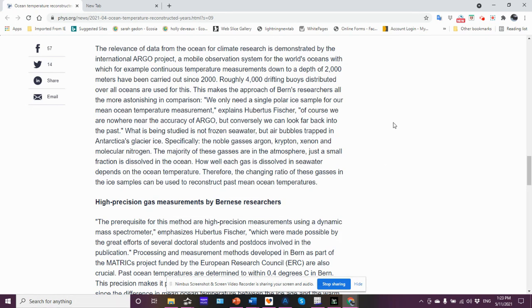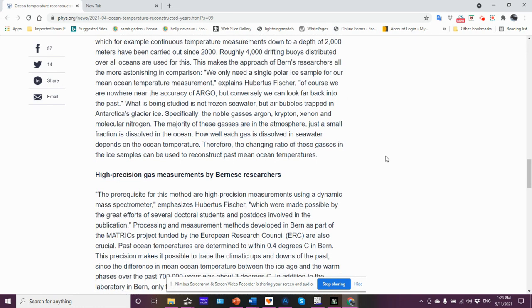These are basically drifting buoys, about 4,000 of them. They're also measuring other parameters in addition to temperatures. So they could be looking at concentrations of nitrates and phosphates, CO2, etc. So as I just said, they've got 4,000 drifting buoys that are basically all over the oceans taking these measurements.